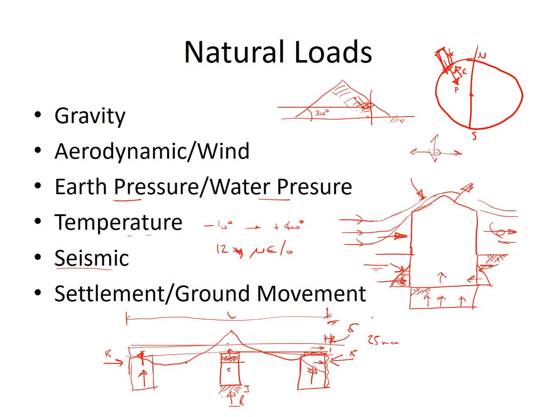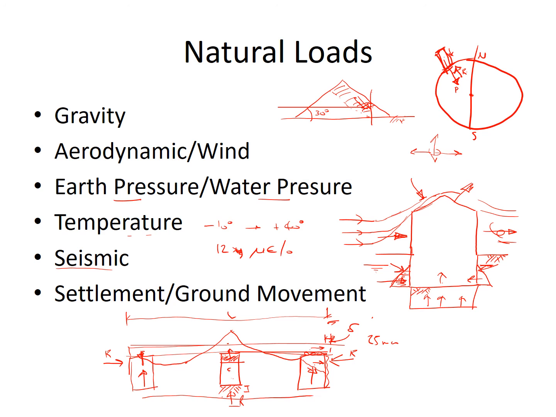So if we get significant settlements in this foundation and this central support here, we can very quickly completely change the way in which this structure resists the loads applied to it.